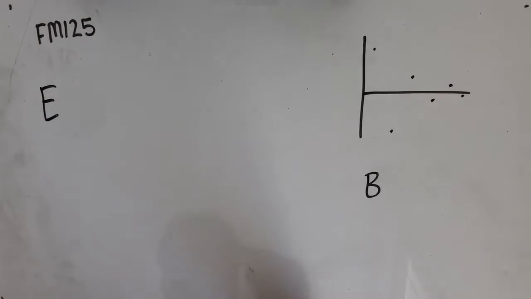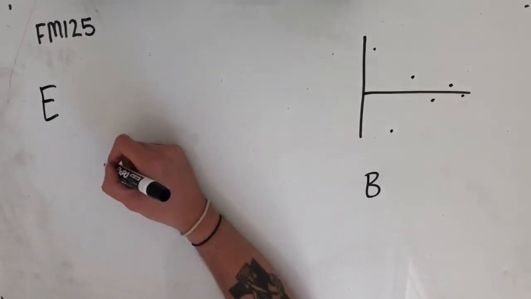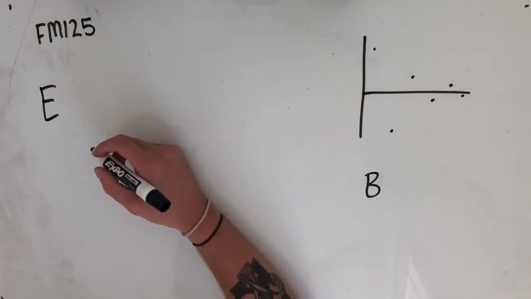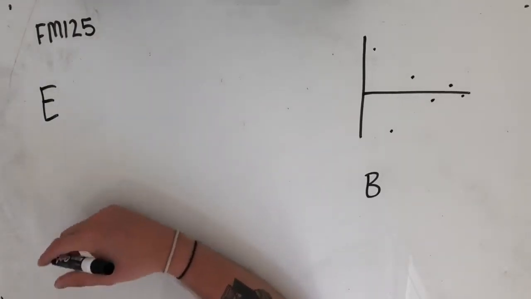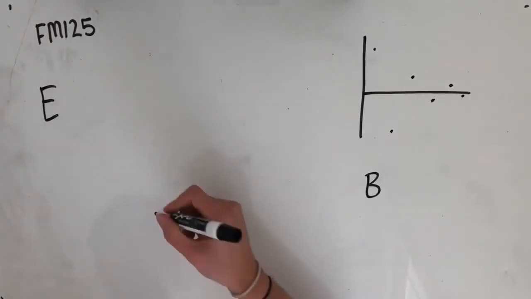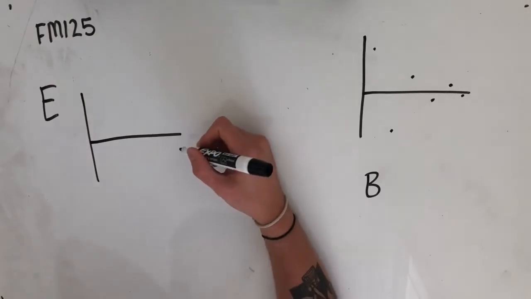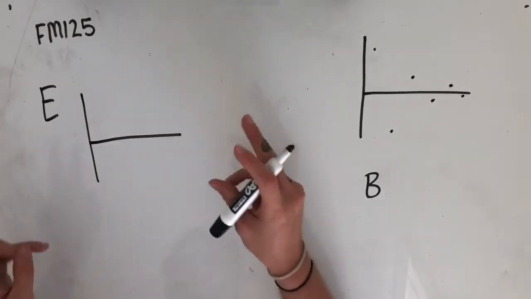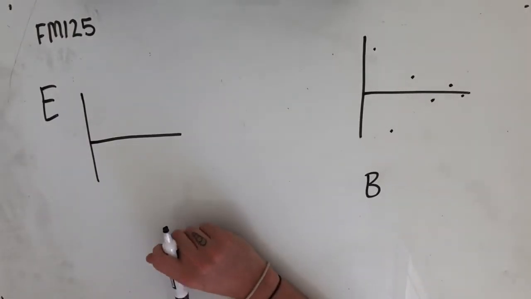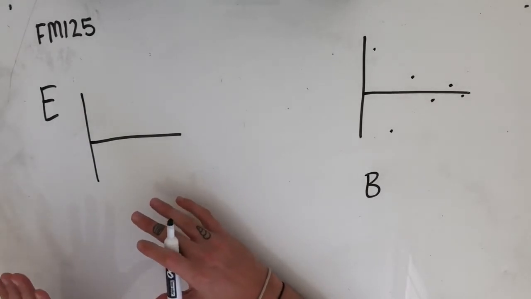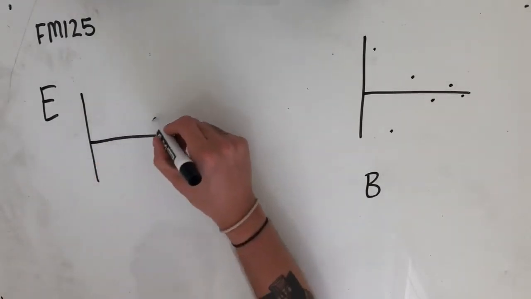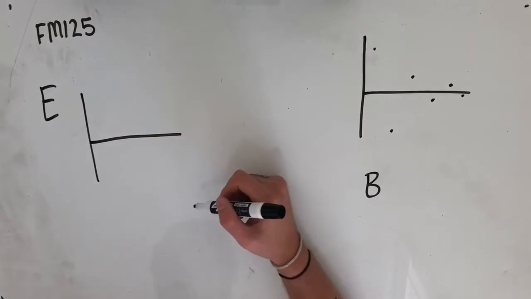Option E. Now E says geometric with common ratio R, where R is less than -1. Less than -1, which means -2, -3, -100, -1,000,000, any of those numbers. Now, once again, because it's a number that is bigger than 1 in size, that means that we're going to have that sort of increasing curve as we go from left to right.